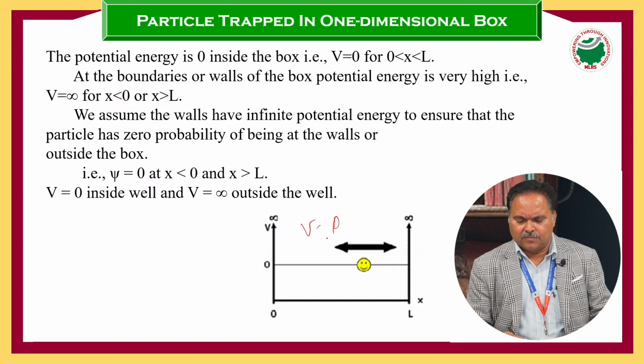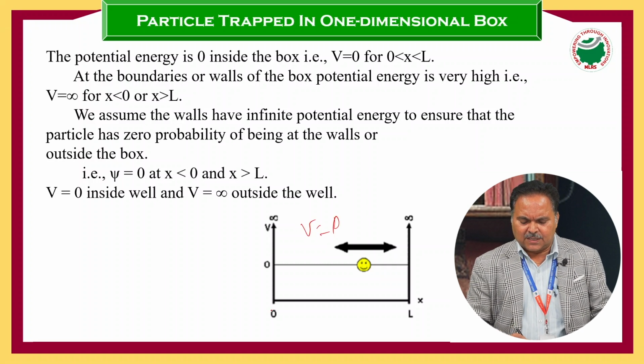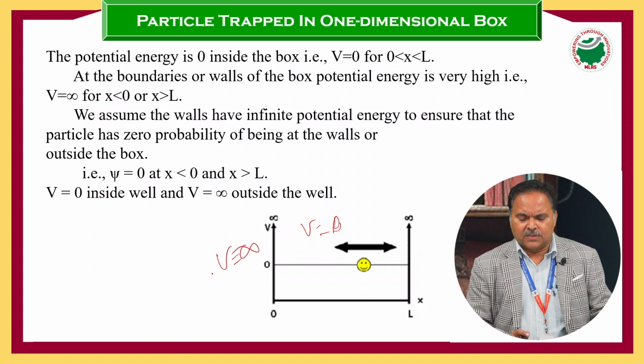Outside the box we don't know where the particle will be, so we say the potential energy is infinity. That means V is equal to 0 for 0 less than x less than L. In between, the potential energy is 0, and outside the box it is infinity.